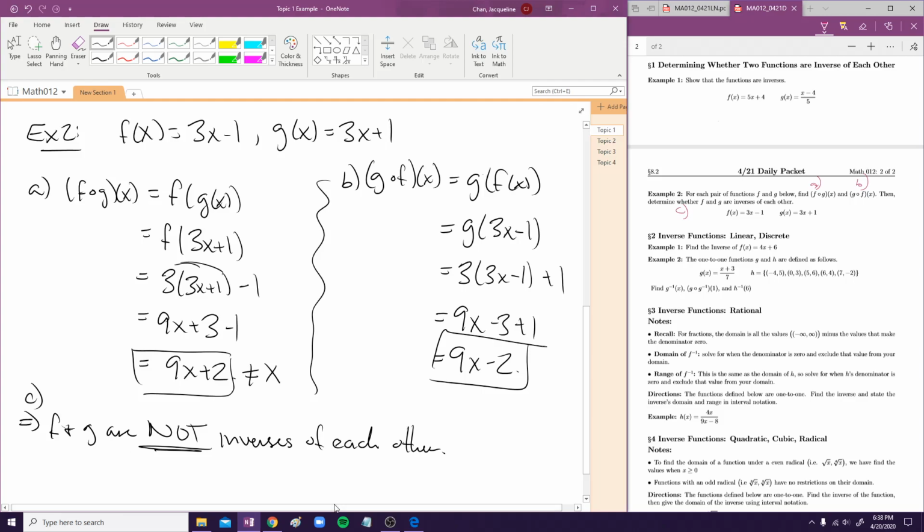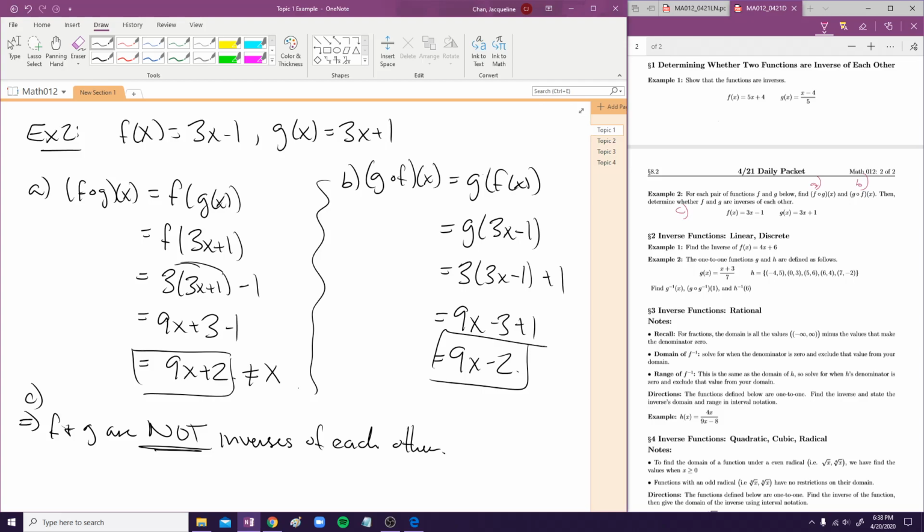One last thing I want to say about this. If your directions were to determine if they're inverses of each other, and you do go ahead and find g of f of x and then come to the conclusion, that's perfectly fine. I'm just trying to help you guys out, trying to make you do less work essentially.